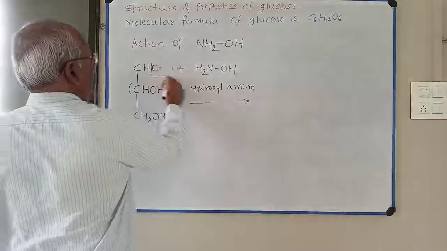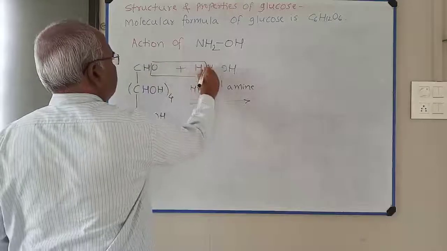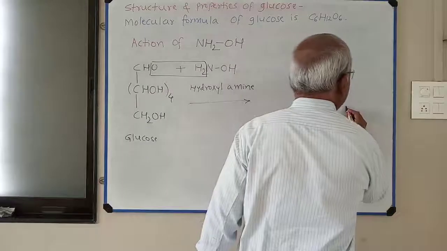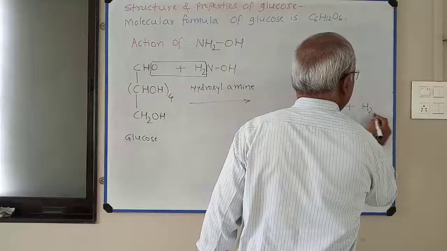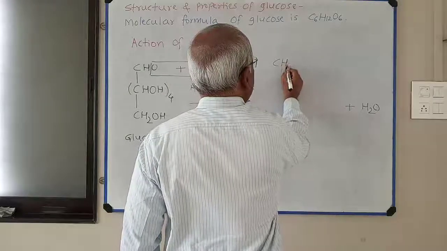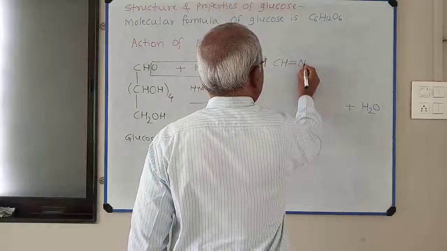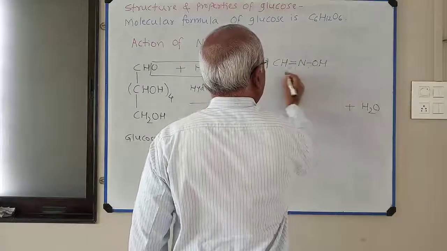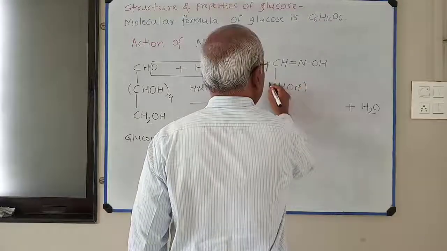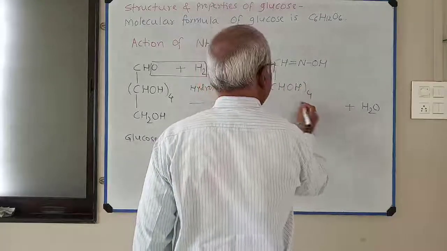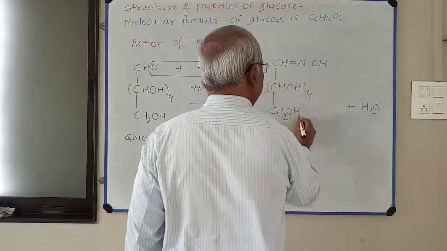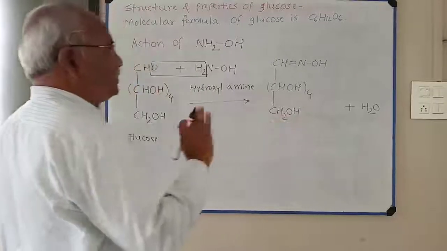Hydrogen combines with oxygen and water molecule is formed. So side product is H2O. The main product is CH double bond N single bond OH, CHOH 4 times, CH2OH. Oxime is produced.